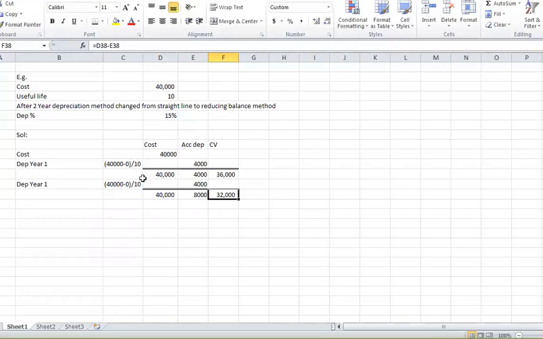Now, there is change in estimate over here in the year number 3. After 2 years, we have shifted from straight line basis method to reducing balance method. So no issue at all.